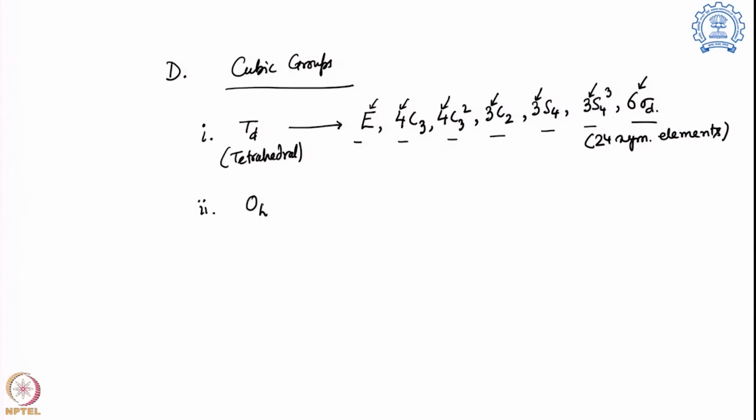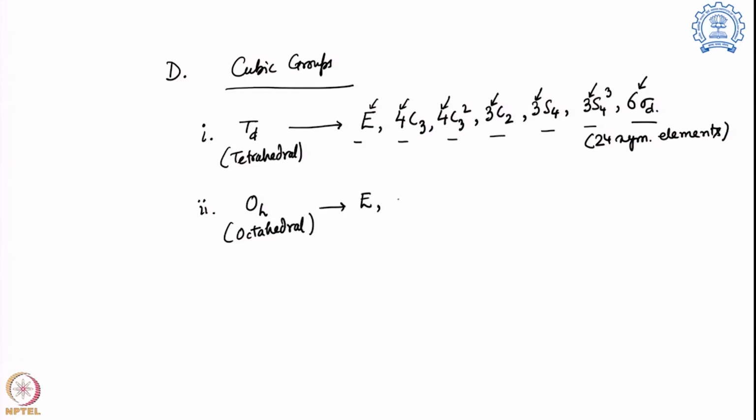One goes a little bit higher than that, which is known as the octahedral point group. And what are the symmetry elements present?